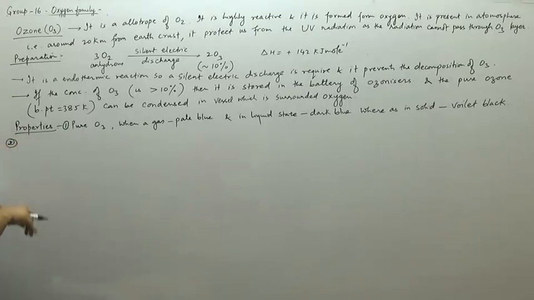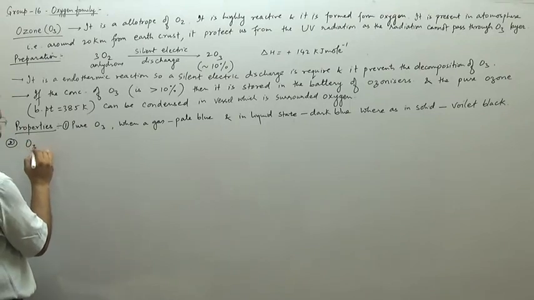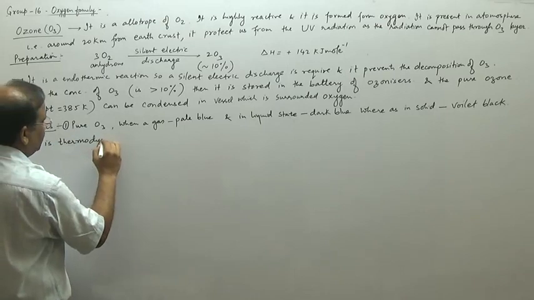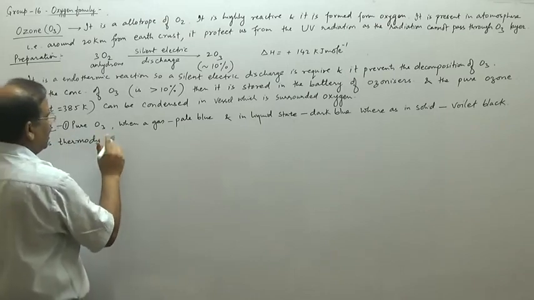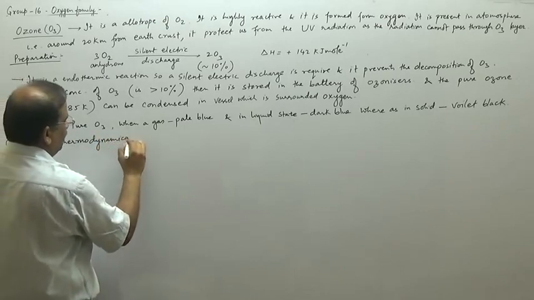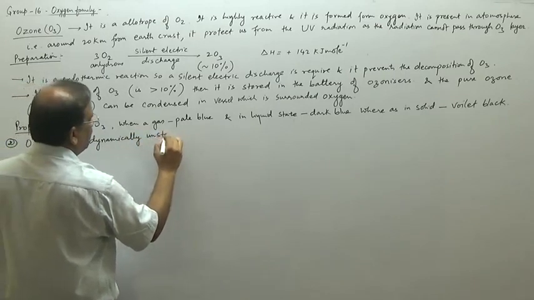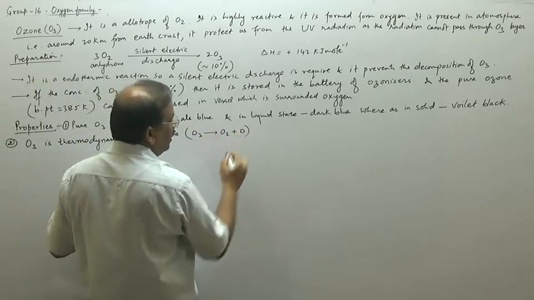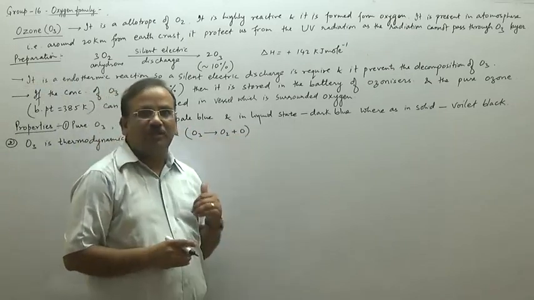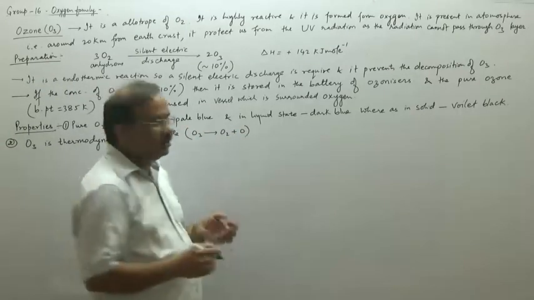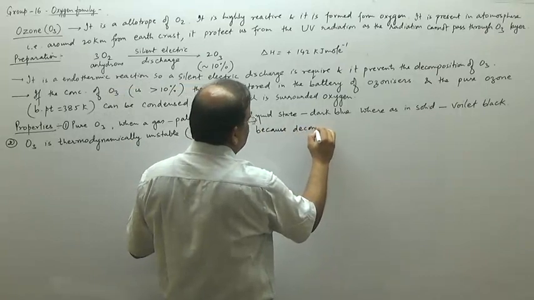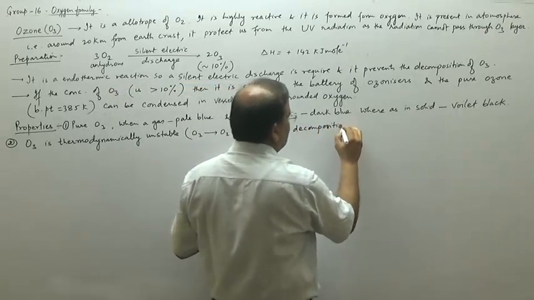Another property: O3, that is ozone, is thermodynamically unstable. O3 decomposes to give O2 plus O. It is thermodynamically unstable, so it decomposes into oxygen, because the decomposition is exothermic.